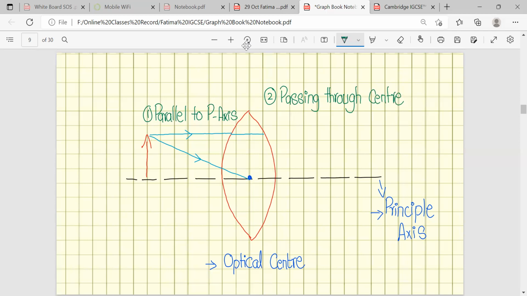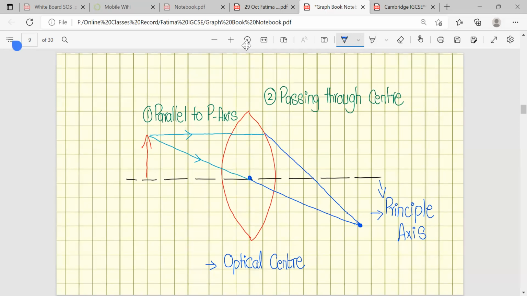After these two rays with different orientations pass through the convex lens, the final ray diagram will be like this: the ray passing parallel to the principal axis will bend towards our principal axis line like this, and the second ray passing through the optical center will move straight without any deviation or any divergence, right?